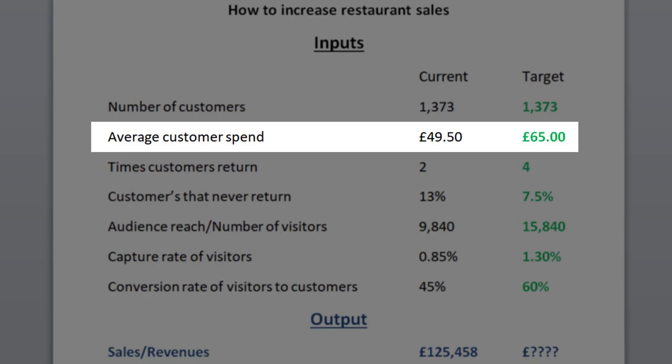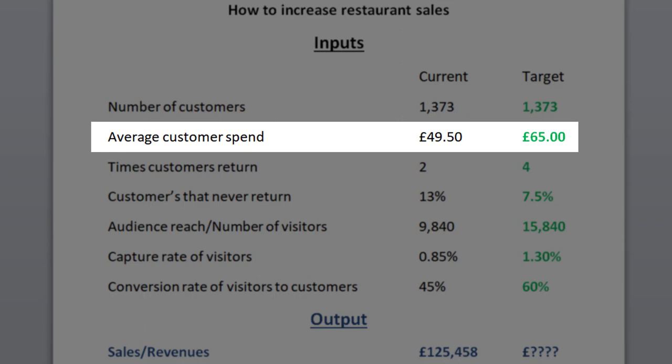And the average customer spend is the amount that your customers spend when they're at your restaurant, which would include what they spend on the table, what they spend at the bar. That becomes the total bill that they pay at the end of the evening. One obvious way to increase the average customer spend is to increase prices, but that's not the only way to increase your average spend.